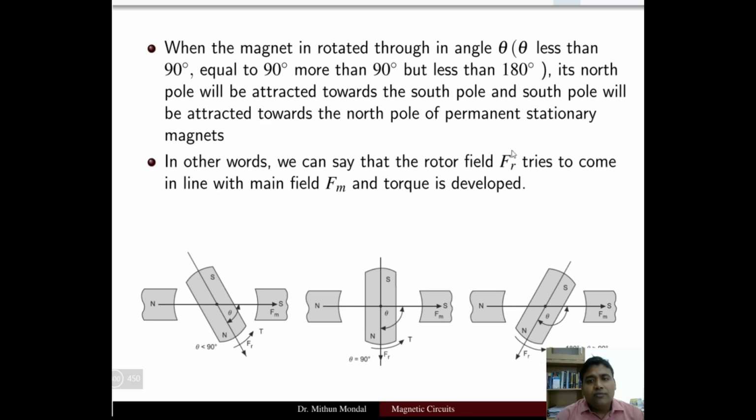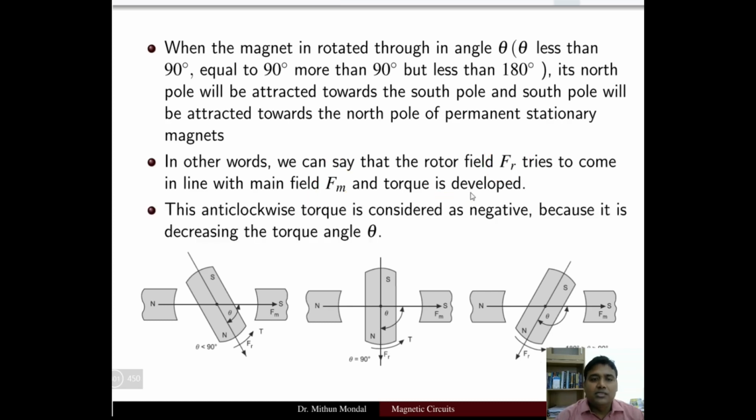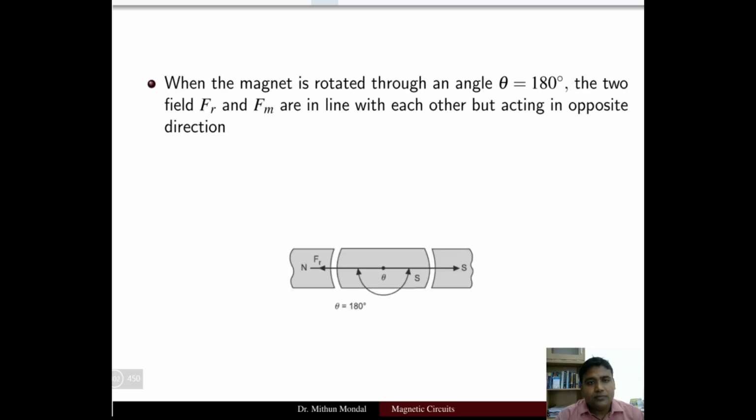So the rotor field Fr tries to come in line with the main field Fm, and the torque is developed similarly to what we have discussed in the previous discussion. The anti-clockwise torque is considered as negative because it is decreasing the torque angle theta. So whenever the torque is moving in the anti-clockwise direction, we will consider that torque to be negative, because the angle theta, which is the torque angle, is decreasing.